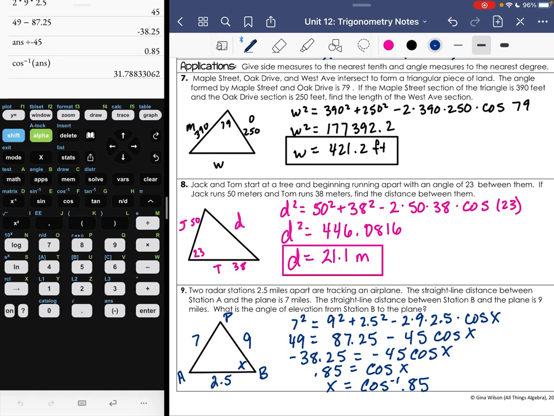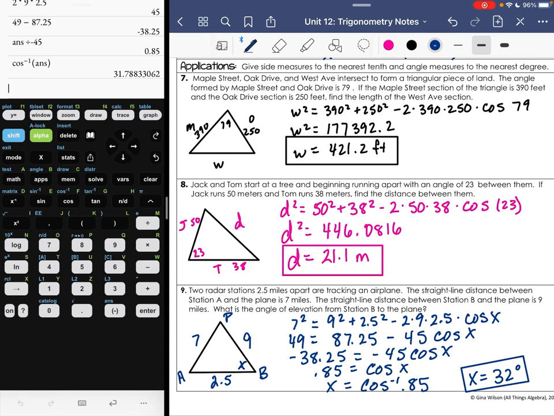And so that angle of elevation is 32 degrees. Remember, they wanted us to round to the nearest degree on that. So it's 32 degrees. Okay, so those are all really good problems for law of cosines.